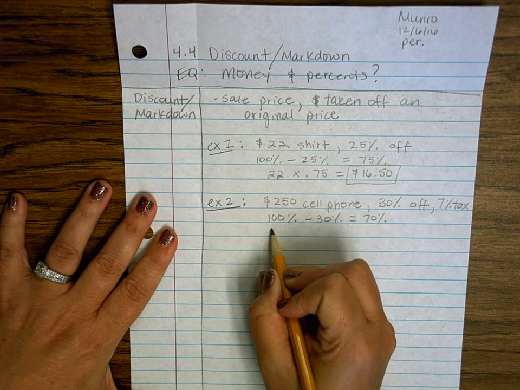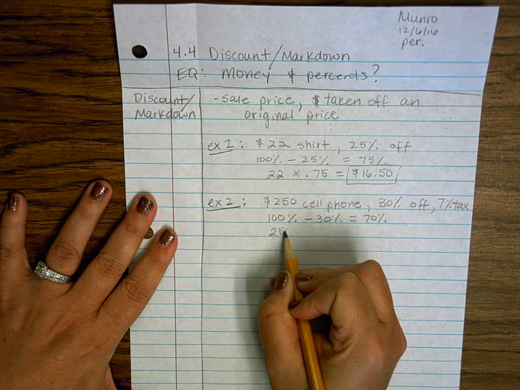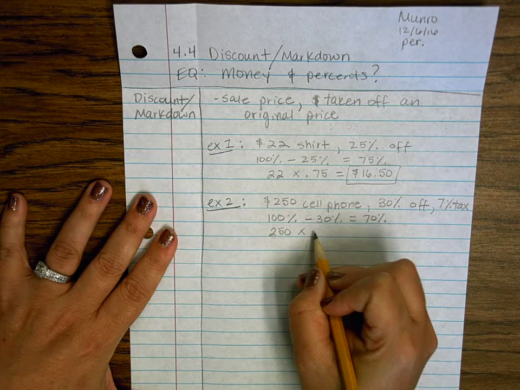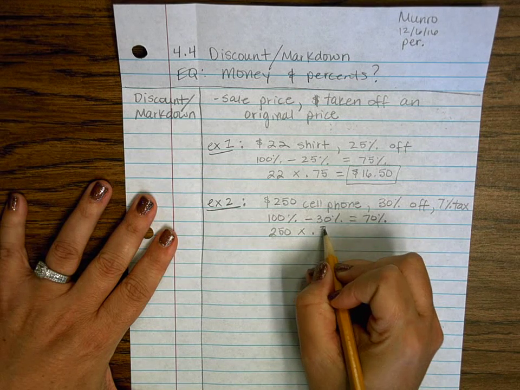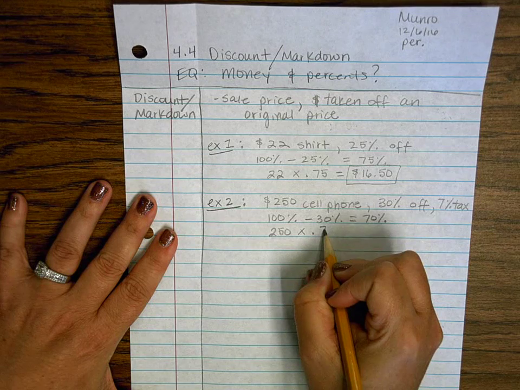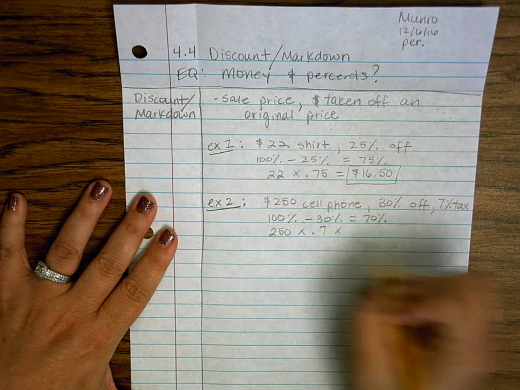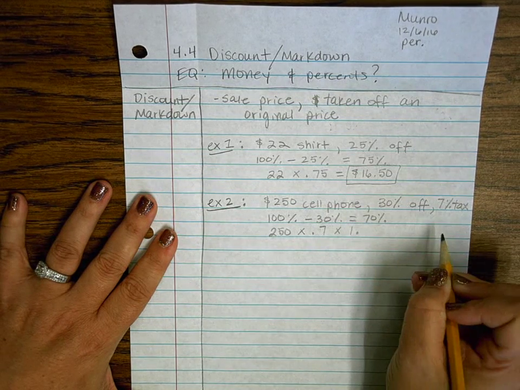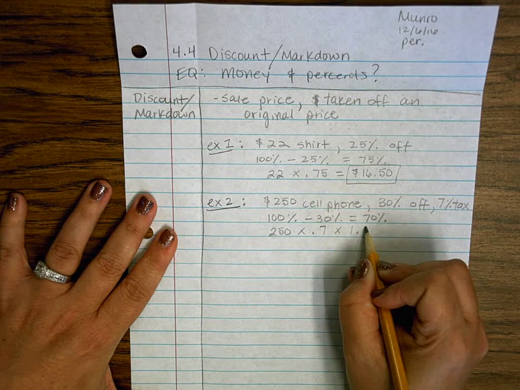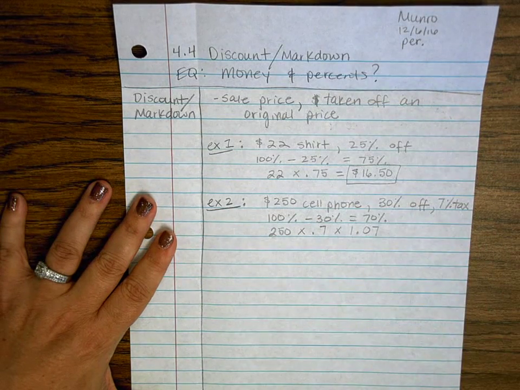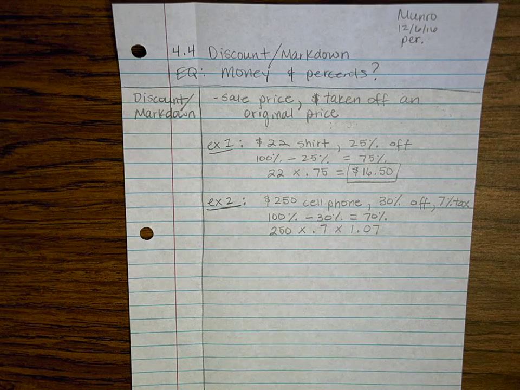So we're going to take the $250, multiply that by 0.7. Now we're paying 70% of the original price. What's the shortcut to add the tax? Put 1 in front of it. Yeah, 1 point, and it's 7%, so what should I put here? 0, 7. If you do 1.7, you're going to pay too much in tax because that's like paying 70%.